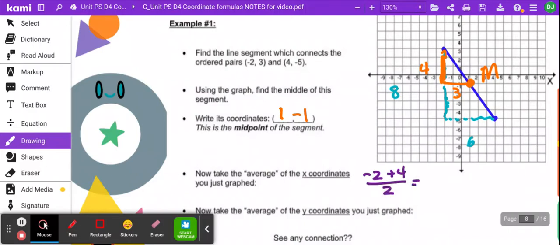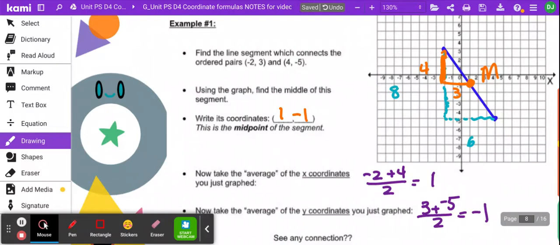Well, that gives us 2 divided by 2 is 1. Okay. Now let's take the average of the y coordinates, which are 3 and -5. 3 plus -5 divided by 2. That gives us -2 over 2, which gives us -1.